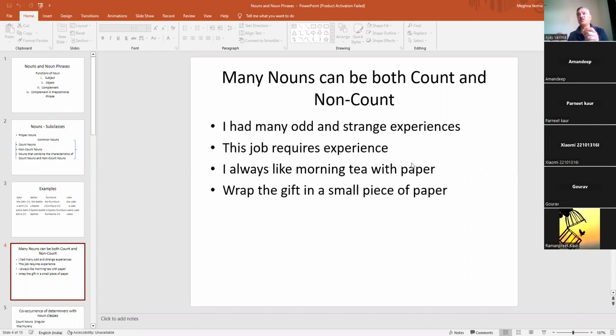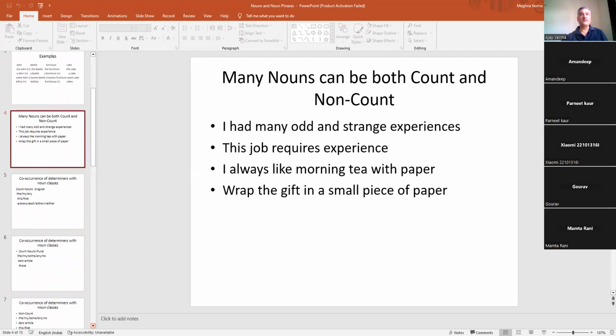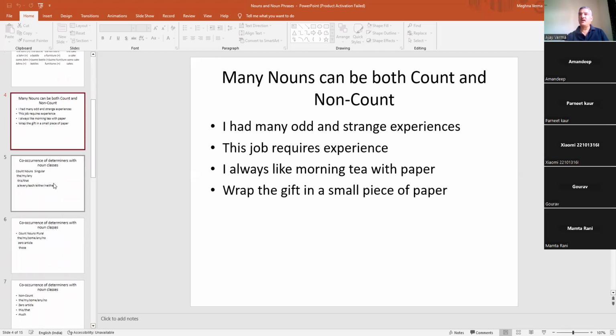So when we are using it in the sense of one unit, we can use these nouns as count nouns. So, I always like morning tea with paper. Wrap the gift in a small piece of paper. So there are both the uses of countable and uncountable meaning here.